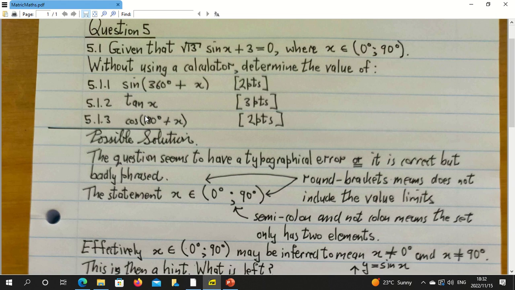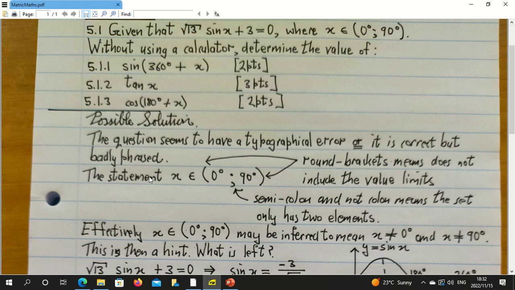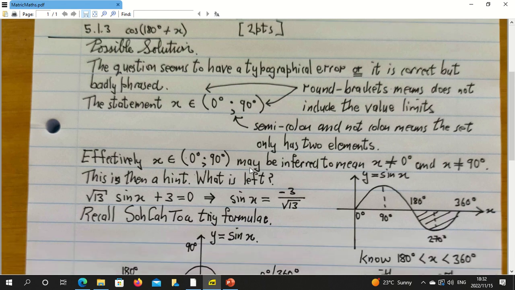So the same problem, and we have the information root 13 sine x plus 3 is 0, and where x is an element of that. Now, the notation x element open round bracket 0 semicolon 90 degrees close round bracket, mathematically that doesn't really make sense. Why?